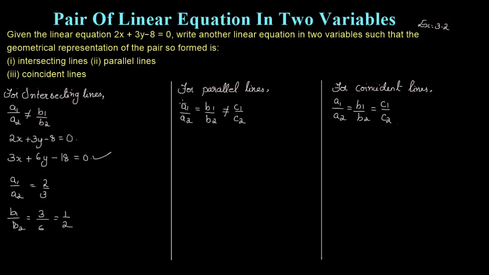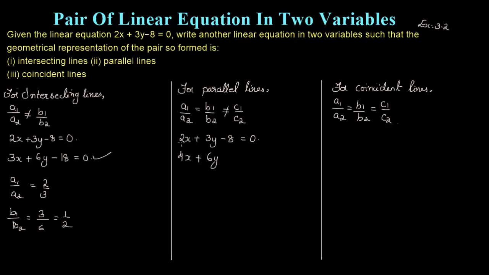Okay, so now coming to the parallel lines. For this, these two should be equal, but C1 by C2 should not be equal. So let me write the first equation, 2x plus 3y minus 8 is equal to 0. So let me take it as 4x plus 6y. I'm just multiplying each and every term with 2 because I want these two lines to be parallel, right?